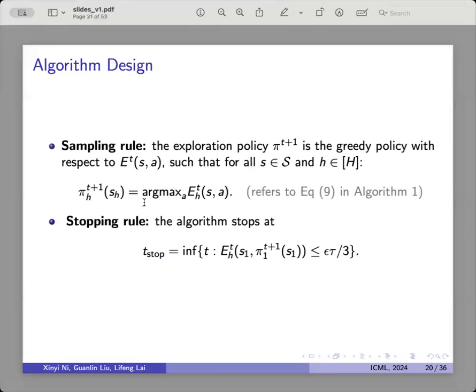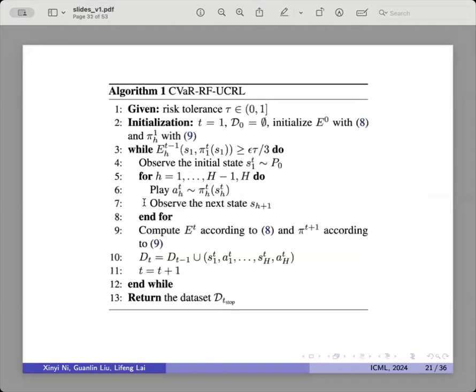Now we are able to design our algorithms. For the sampling rule, we define the exploration policy pi t plus 1 as a greedy policy with respect to the upper error bound. And for the stopping rule, the algorithm will stop at the time when the error upper bound is less than or equal to epsilon tau divided by 3.